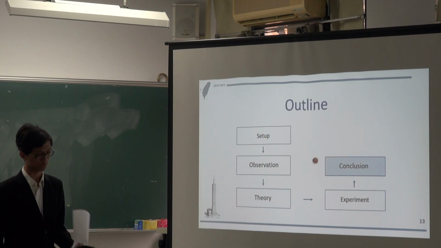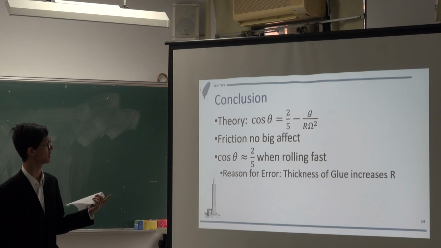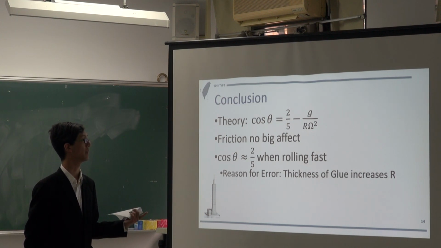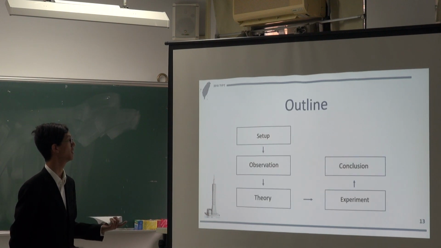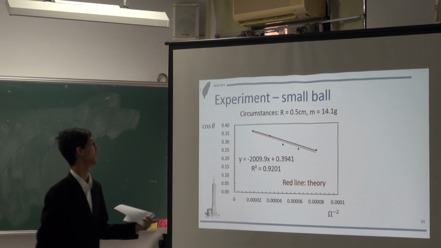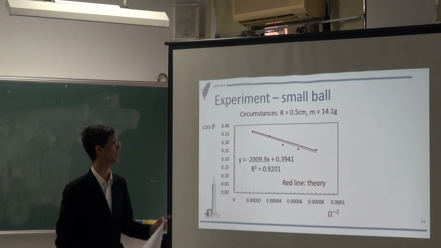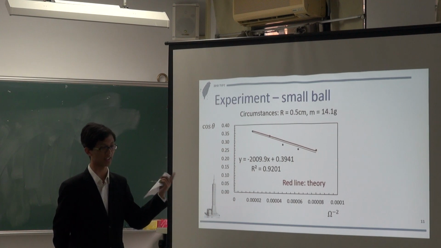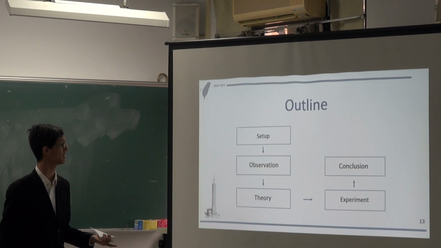Now our conclusion. First, according to our theory, cosine theta is 2/5 minus g over r omega to the power of 2. So our theory is that the red line goes over this point, and our result, as you can see, is very similar to what we think it is.